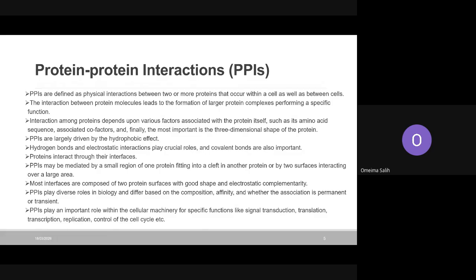They could be part of signal transduction, which is an important process within the cell that facilitates the pathways of different enzyme production, different biochemical activities within the cell, the translation process, the replication of the DNA process, and even the whole cell cycle, the different phases of the cell cycle. The protein interactions are a crucial process for these processes.